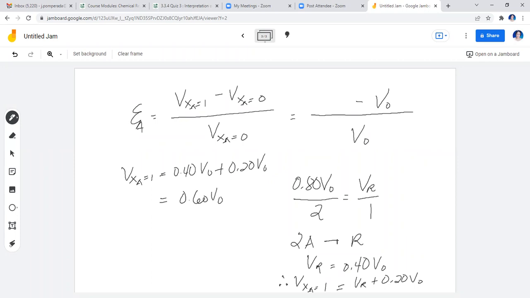Okay? Why? Because 1 mole is formed while 2 moles of A are consumed. So there's a decrease in the volume of your system.